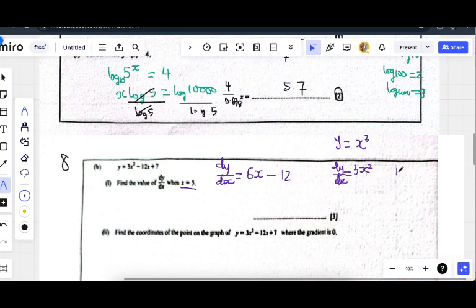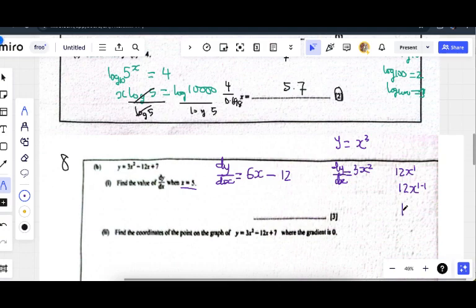Because the function is 12x, and 12x means x has power 1. If you bring the 1 to multiply 12 at the back, it will still be 12. Then here you have x raised to power 1, and I say always subtract 1 from the power. 1 minus 1 is 0.